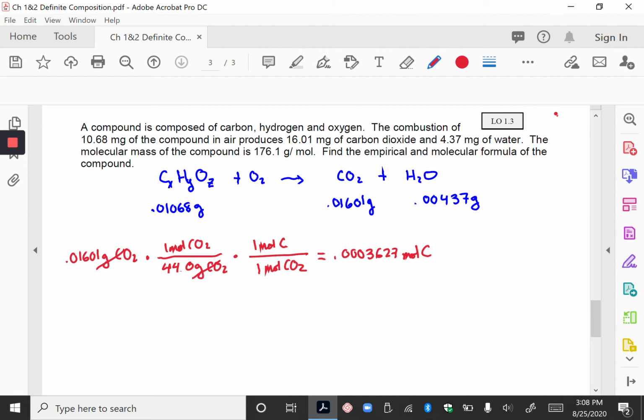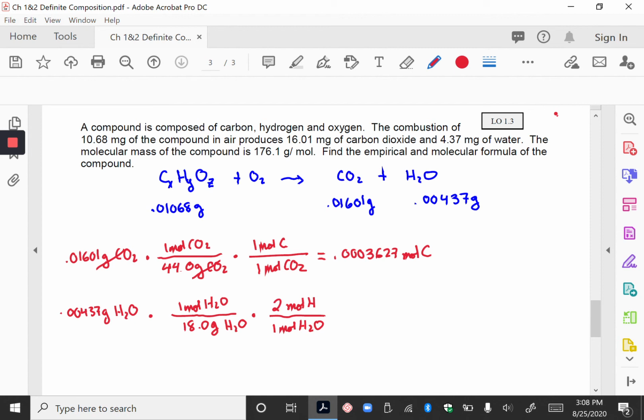Let's do hydrogen next. So for hydrogen, I can use the water. So 0.00437 grams of water. We're going to convert that to moles of water first. 1 mole of water is 18.0 grams. And then I don't want moles of water, I want moles of hydrogen, right? I'm trying to find moles of carbon, moles of hydrogen, moles of oxygen. So I can say for every 1 mole of water, how many moles of hydrogen do I have?